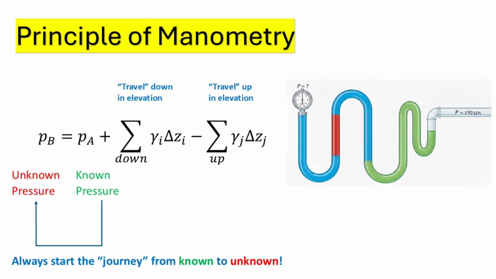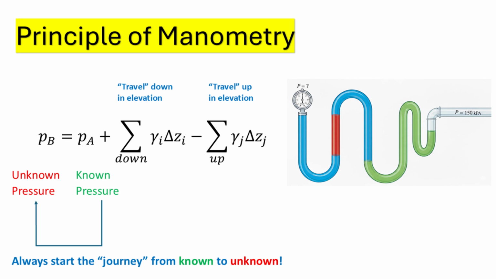Let's have a quick revisit of the principle of manometry first. As the equation shows, if we are given the pressure on one side of the manometer and we are asked to calculate the pressure on the other side, we will need to start an imaginary journey from the known side towards the unknown side. The journey will need to be broken down into parts at the interface of two different fluids.